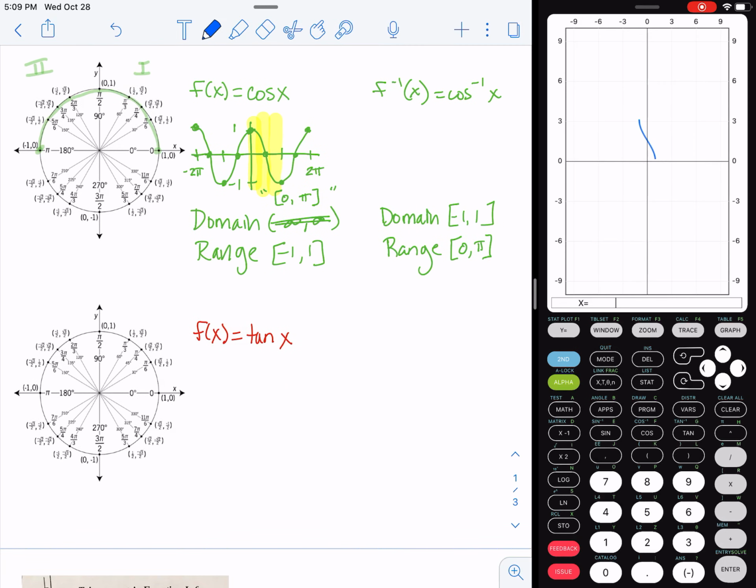So our tangent function is normally, if I draw this, it has an asymptote at -pi/2 and an asymptote at pi/2. Okay, so -pi/2, pi/2. See if I can at least write this a little better so you can see it.